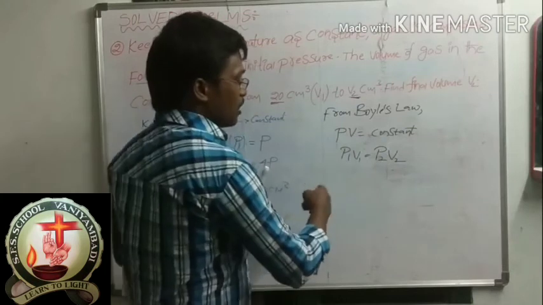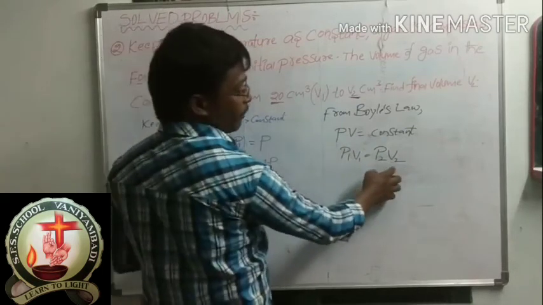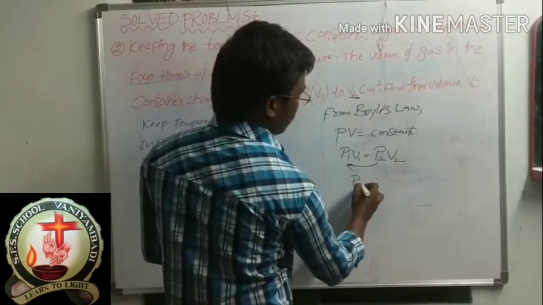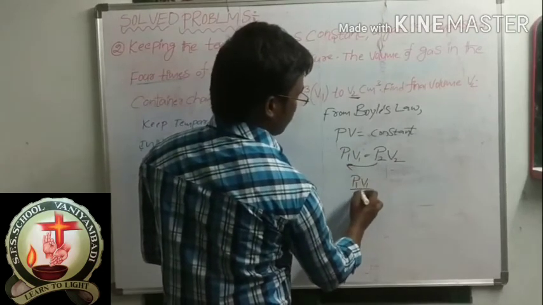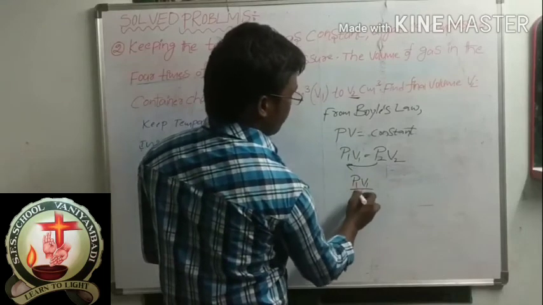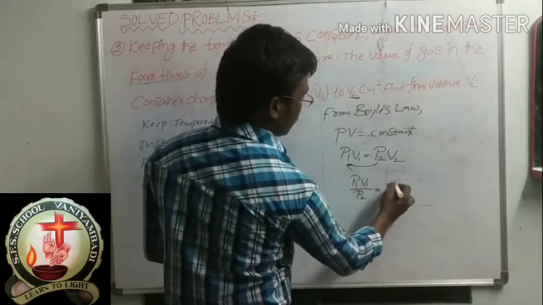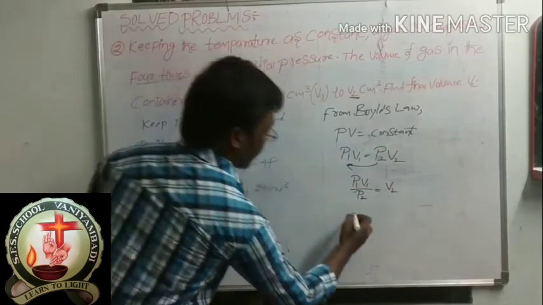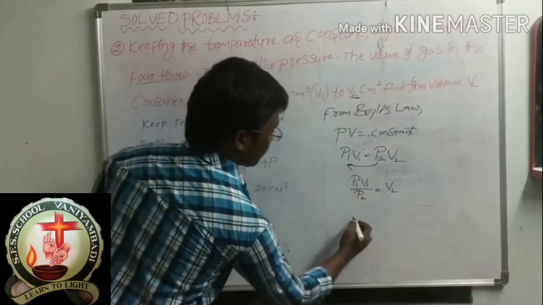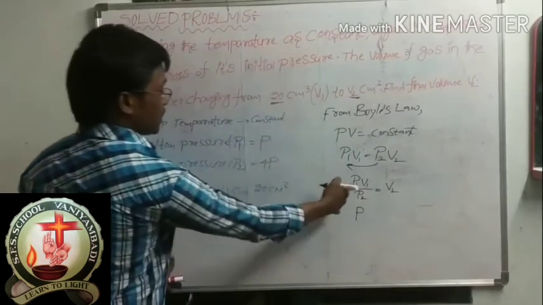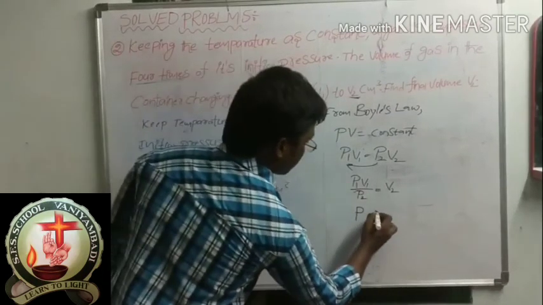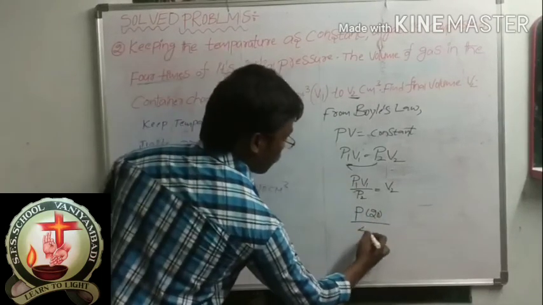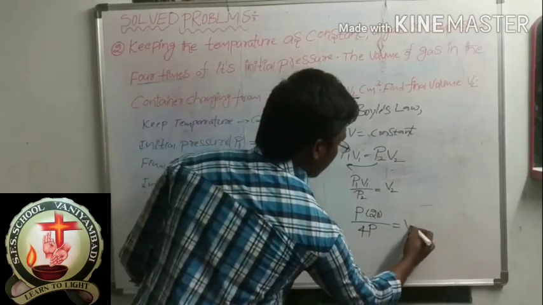Okay. So which value do we have to find? V2 value. So P2 we can send to this side: P1 V1 by P2 is equal to V2. Please substitute all the values. P1 is P. V1 is 20, by P2 value 4P, is equal to V2.